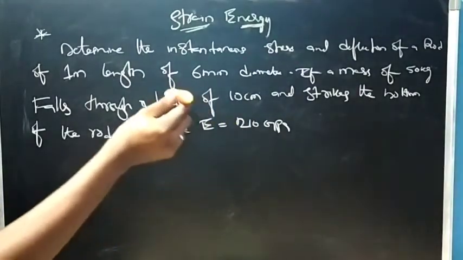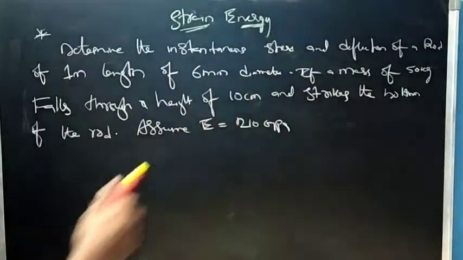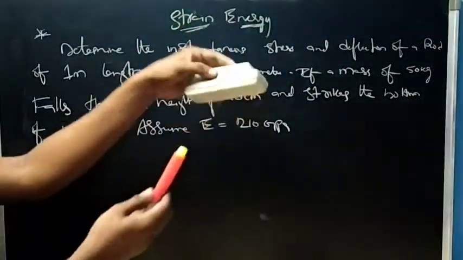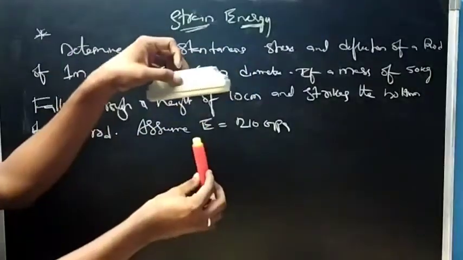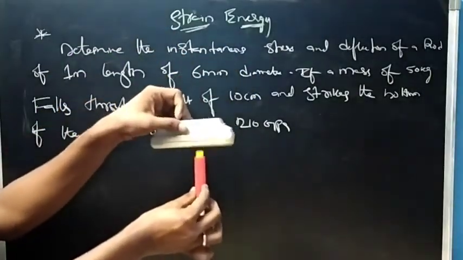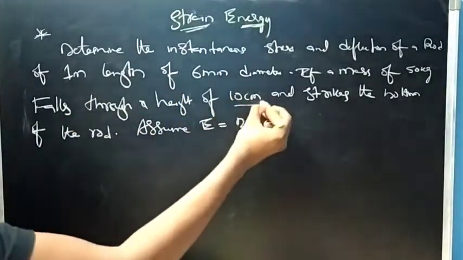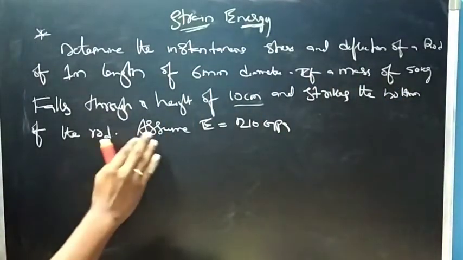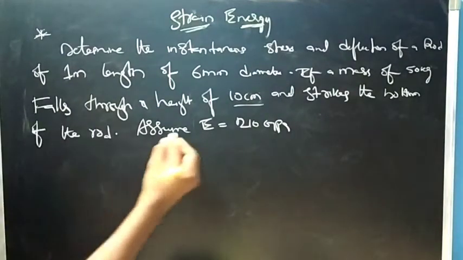So now we'll find out, and it is saying if a mass of 50 kg, so that means some 50 kg weight is going to strike on this rod, falling through the height of 10 centimeters and striking the bottom of the rod. Assume E value is given. Let us try to draw here.